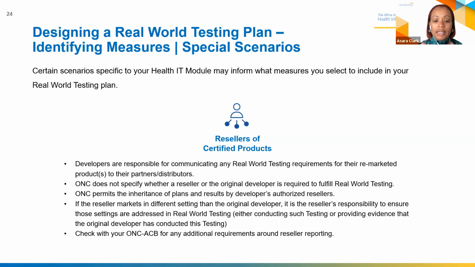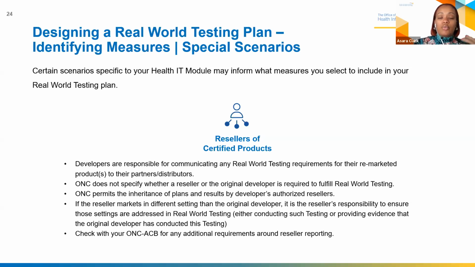Check with your ONC-ACB for any additional requirements around reseller reporting, or if they have any ways to assist in making sure that you have everything covered. But again, if it's on CHPL, being represented as a certified health IT, it has to meet all of these requirements, okay? So just work with your resellers and distributors, make sure they understand the requirements, and make sure that you are having all care setting types covered.